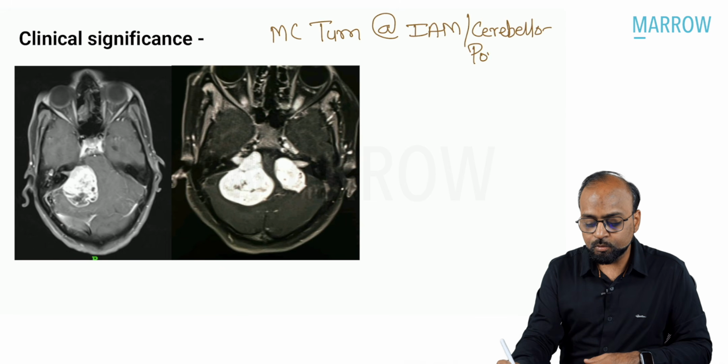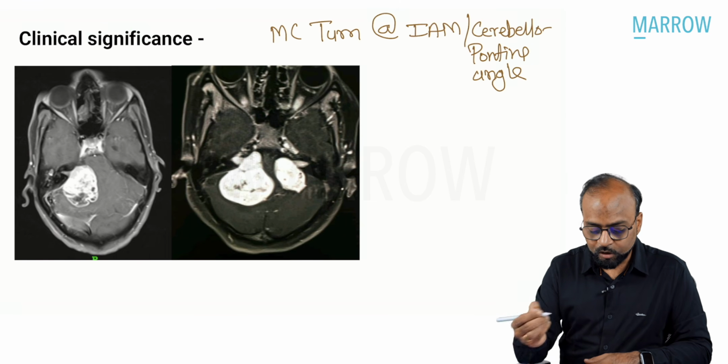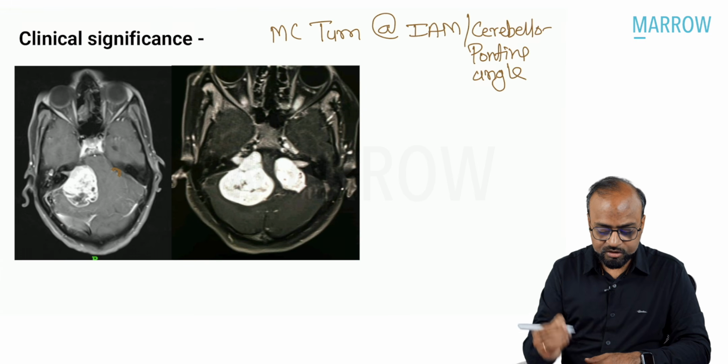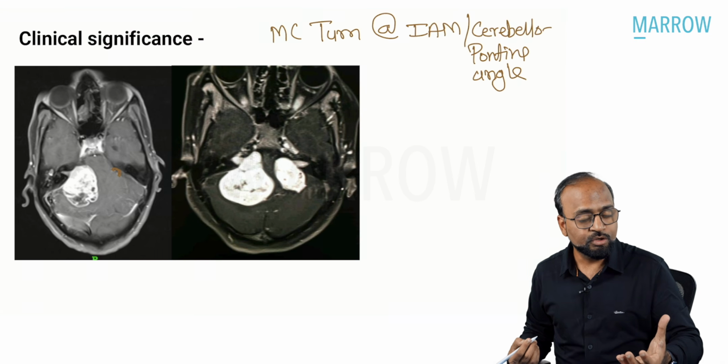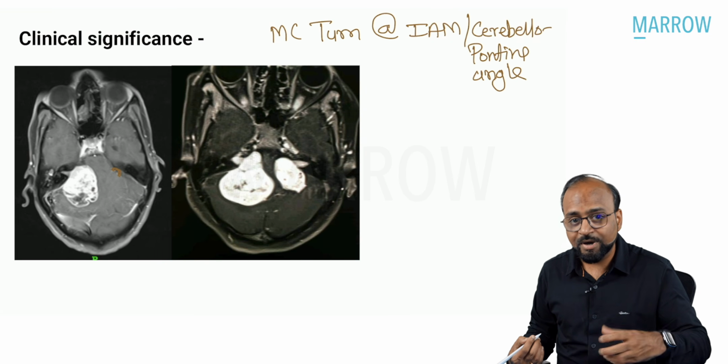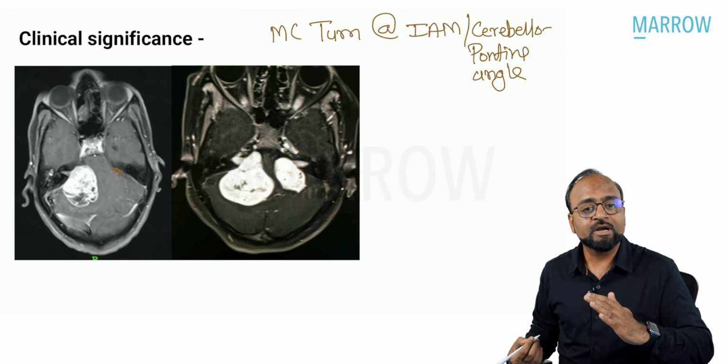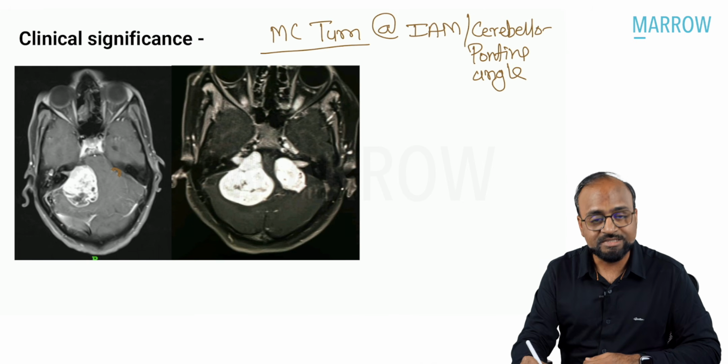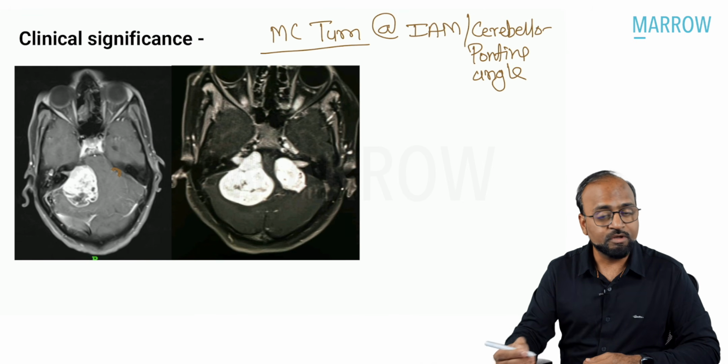If you see in the posterior cranial fossa, you have the cerebellopontine angle just over here, which is almost the same region as the internal auditory meatus. Of course, this is an MRI image, it is seen better on a CT, right? So the most common tumor at this site is the one which arises from the vestibular nerve.